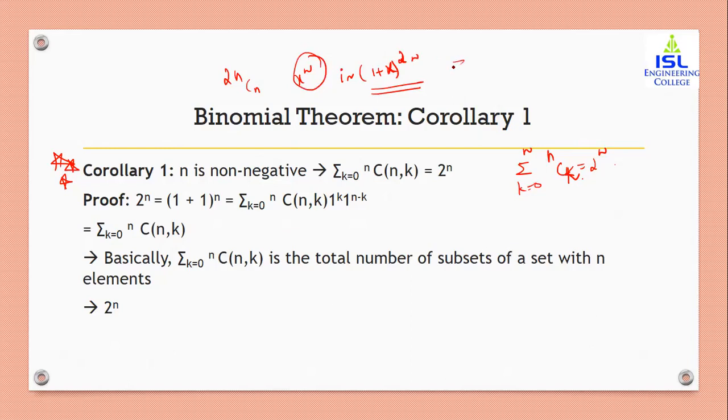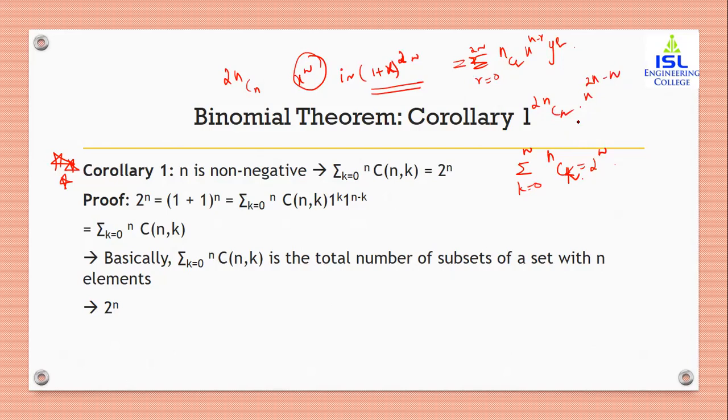We will write it as sigma r equal to 0 to 2n of nCr x^(n minus r) y^r. Whenever the r value is equal to n, then we will have 2nCn into x^(2n minus n). So in this case the coefficient is 2nCn.